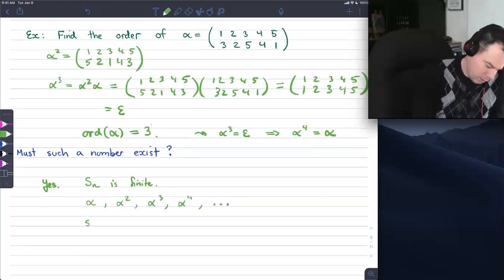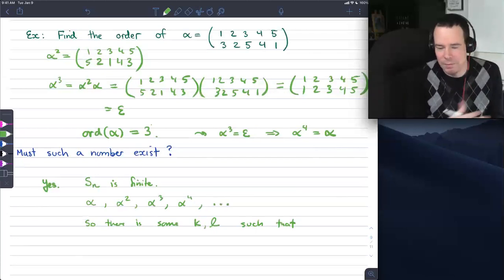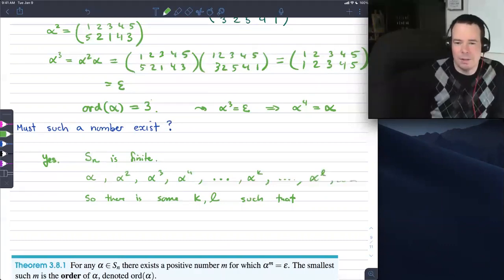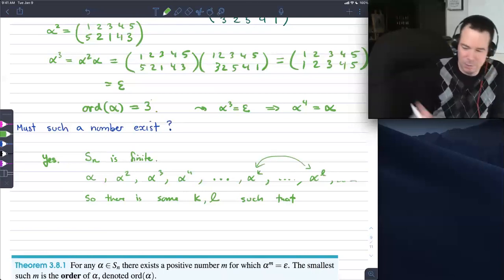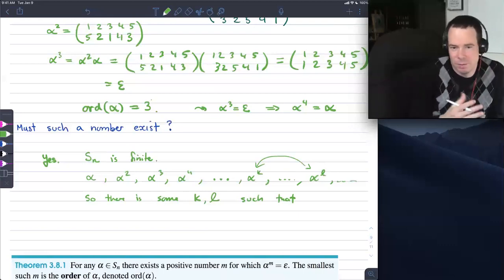So there is some k and some L such that those two have to be the same thing. I can't have infinitely many things happening here, so I'm going to have a repetition at some point. There's going to be an alpha k, an alpha L, and so on. Not all of these things can be different. There's going to have to be some overlap. In fact, there's a lot of things that are equal, but for the sake of argument, there are at least 2 things.